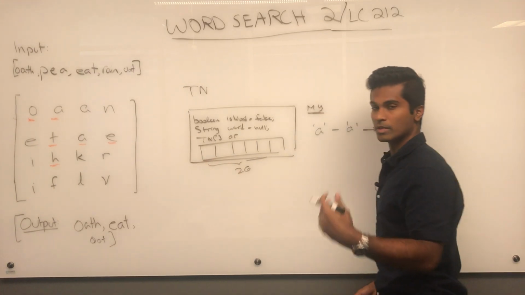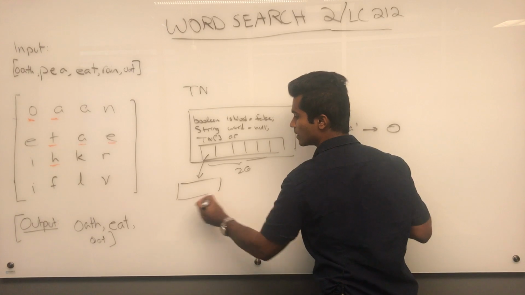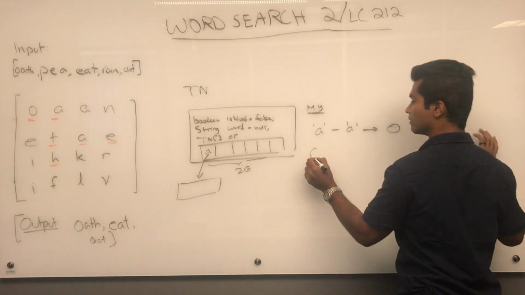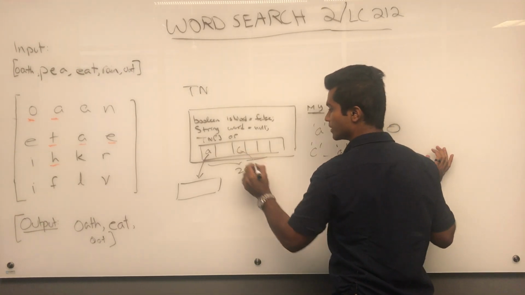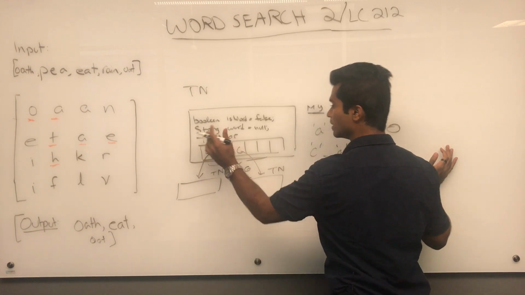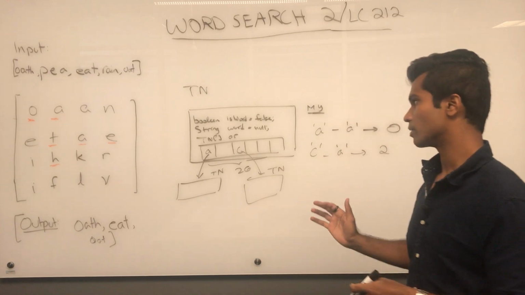So if there is a word that begins with A, the trie node pointer that goes from this index is going to be responsible. So this one is going to be an A. Now if I have a C, the difference in ASCII values is like that. So this is another trie node, and this is another trie node. That's how the tree-like nature of this is going to be built.